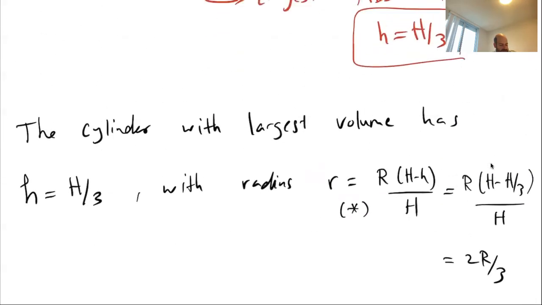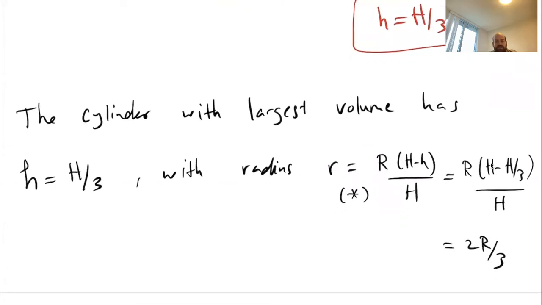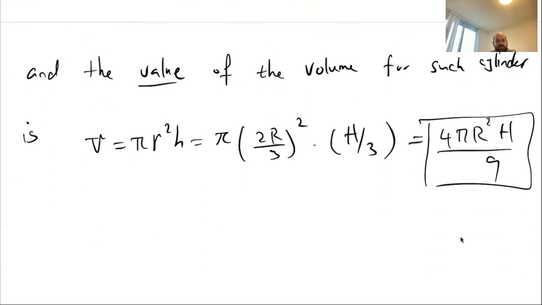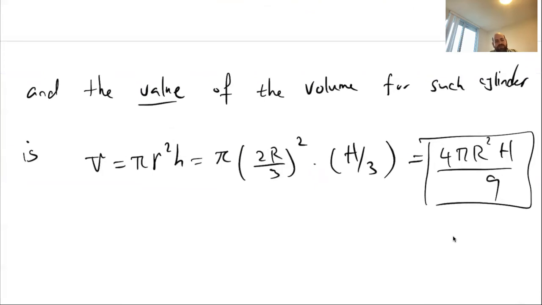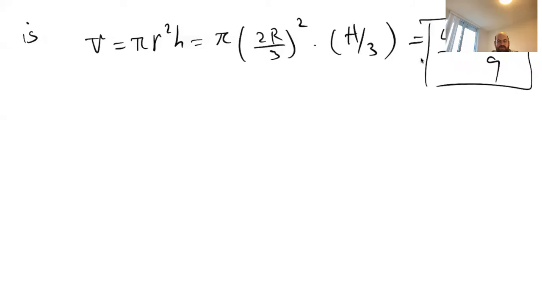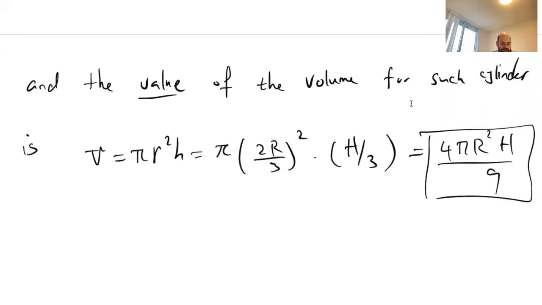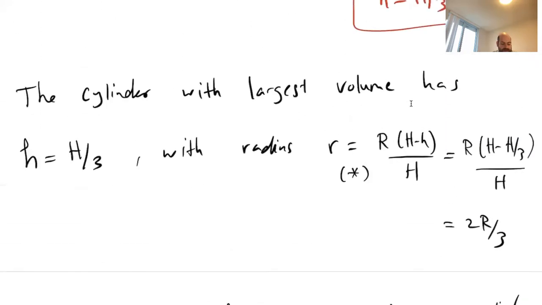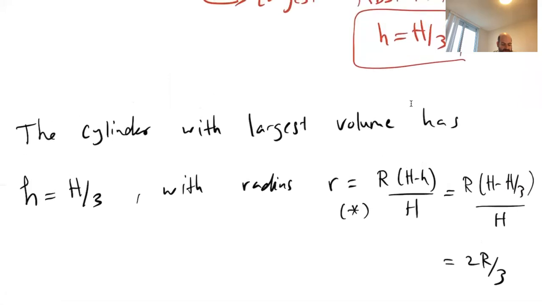So if in the exam that was the question and you find the radius and height here, you could end your solution here. But just in case, the value of the volume, if it's also asked, is the value of the volume, which we can easily find once we have the values of r and h. Okay, and by the way, the values of capital R and capital H were given in the question.